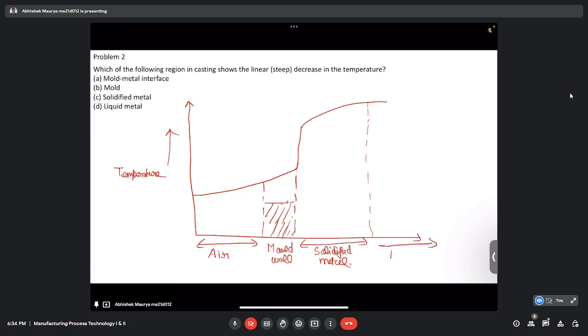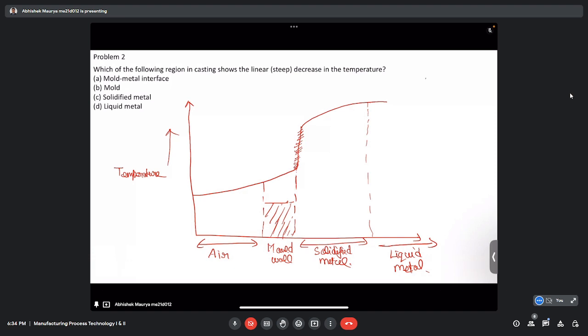Liquid metal. So what is this hatch region? Okay, let's make it a little simpler.